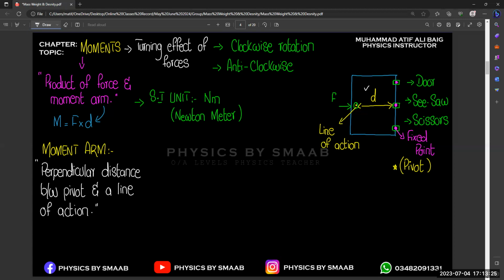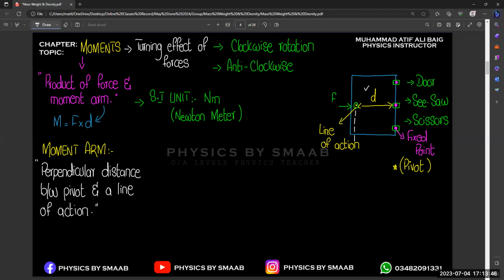Let's suppose you consider a door in your daily life. The surface of the door is in front of you, and when you try to open the door, it opens in the perpendicular direction. Let's suppose d is the moment arm, and if you try to open a door, this will be the direction.